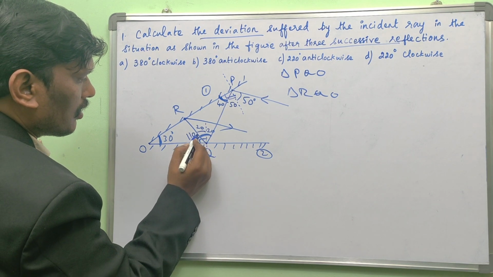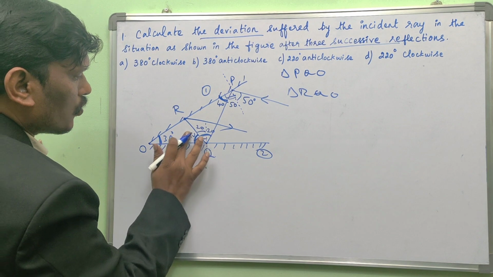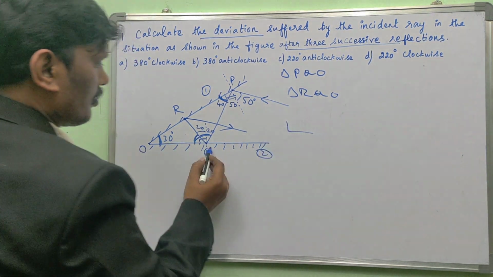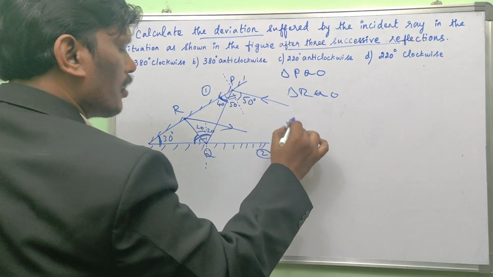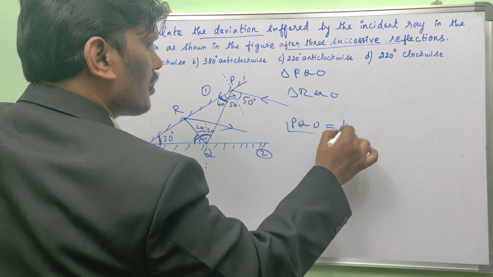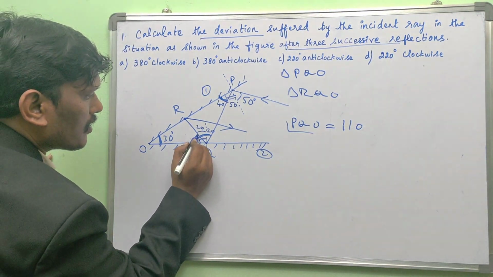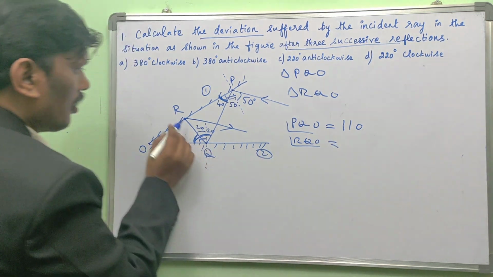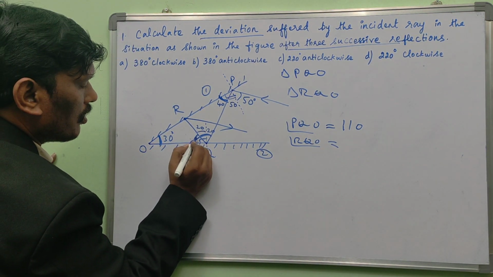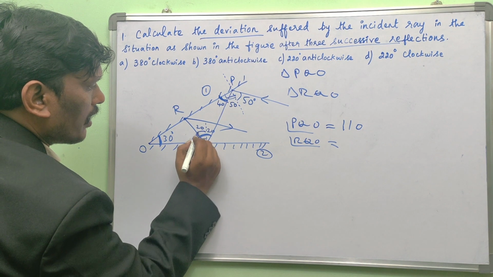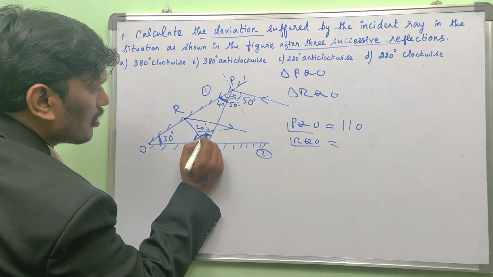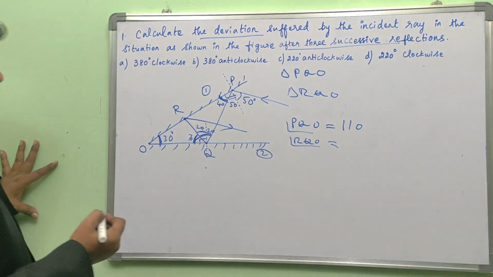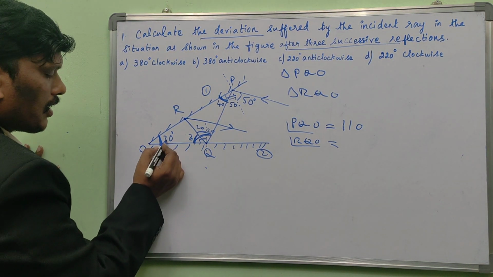The complete angle PQO is 110, but I require this angle alone, that is RQO. So from 110 I need to subtract 40, because this is 20 and this is 20. Totally 40 degrees subtracted. You are going to get 70. So this is 30, this is 70.